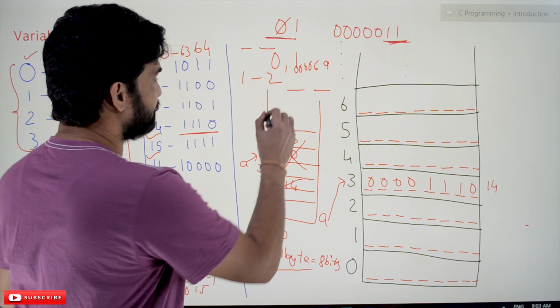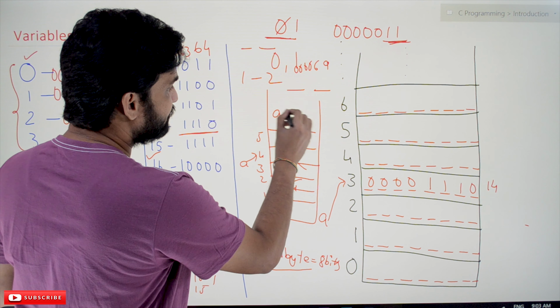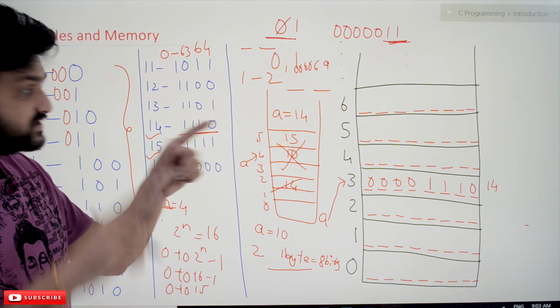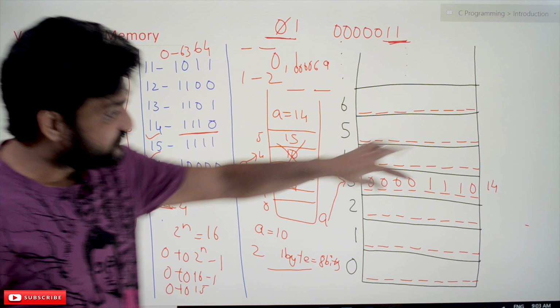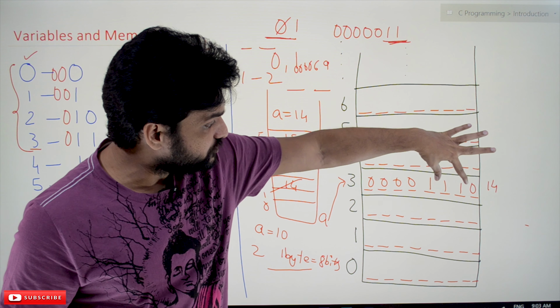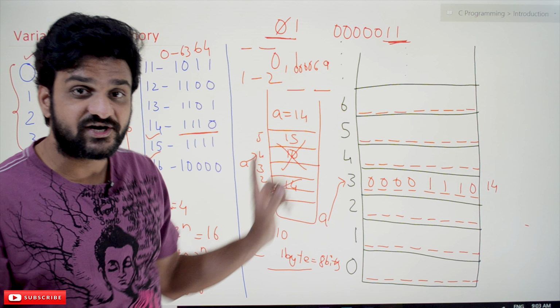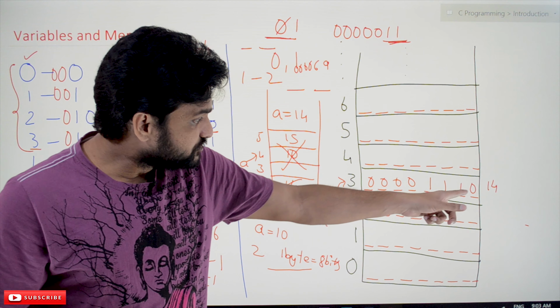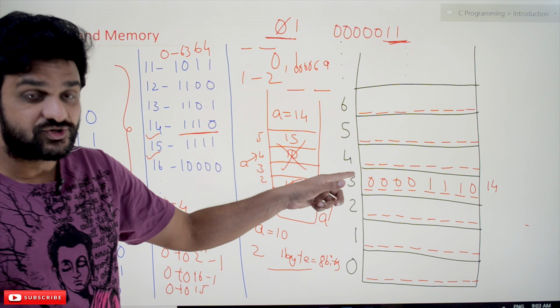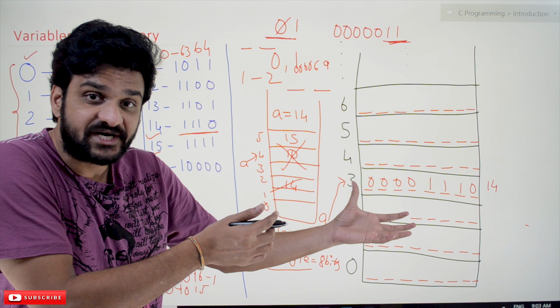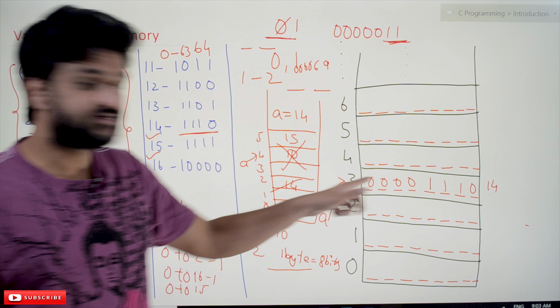For example, in the program, if you have given A is equal to 14, what the compiler will do is, this 14 will get converted into this number. As we are using 8 bits, 1 byte of memory is allocated for each decimal number. So 14 can be represented by using 8 bits in this way.